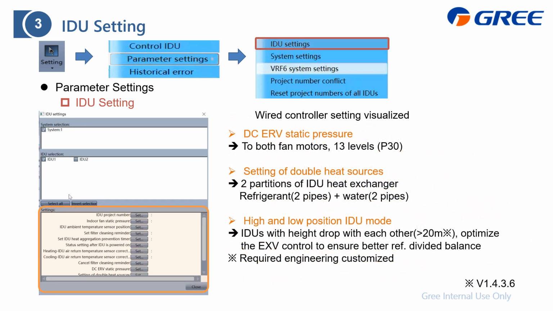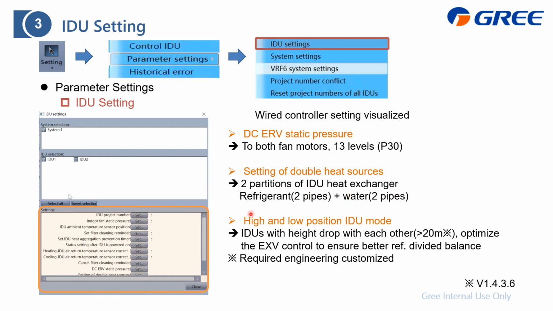This slide, I'm going to introduce the not so common indoor unit settings. First is the DCERV static pressure. This is already introduced. This is for both fan motors, totally 13 levels for the ESP setting. Next is the setting of the double heat source indoor unit. This is for the indoor unit with two partitions of the heat exchanger.